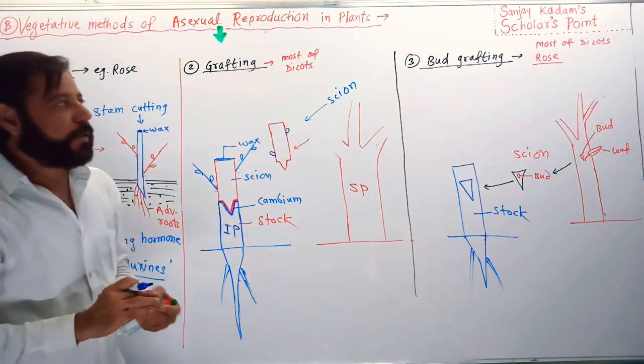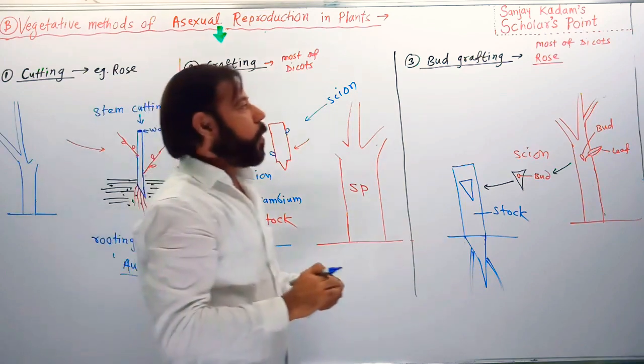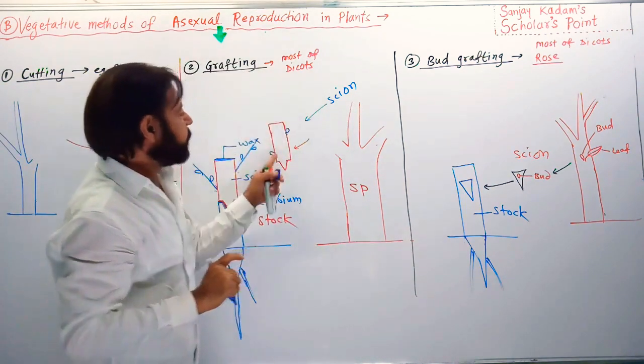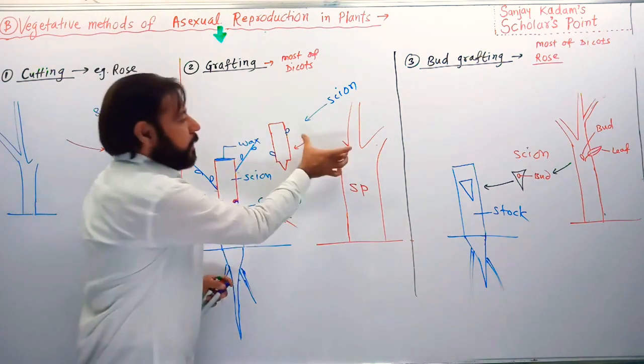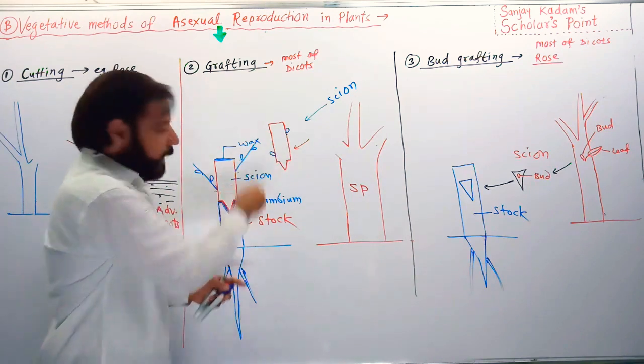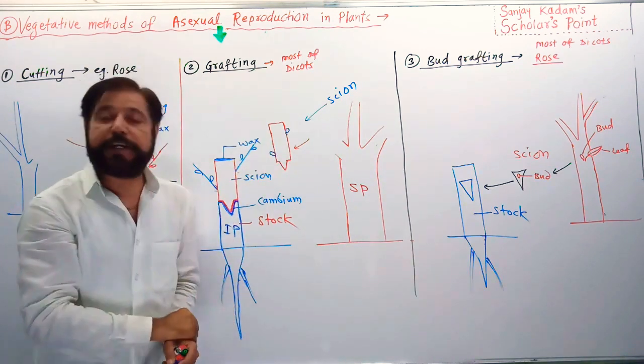And the third method is called bud grafting. In grafting we brought a big portion of stem along with a bud and grafted it over the stalk of an inferior quality plant.